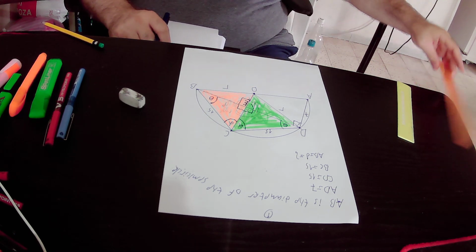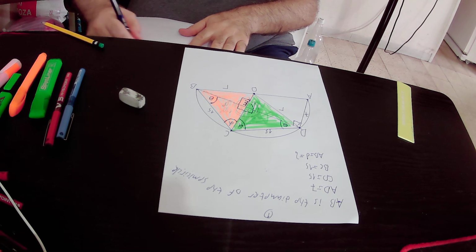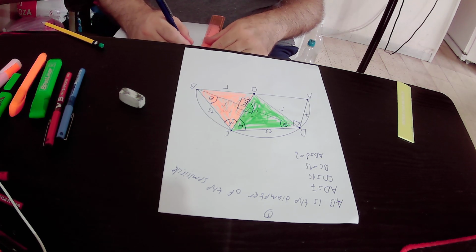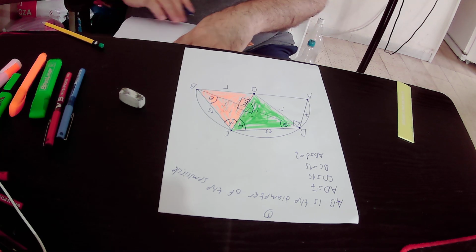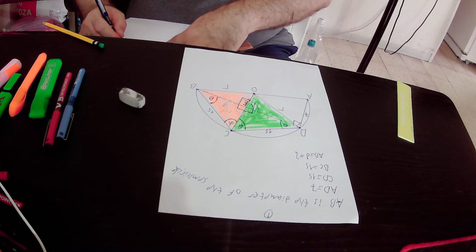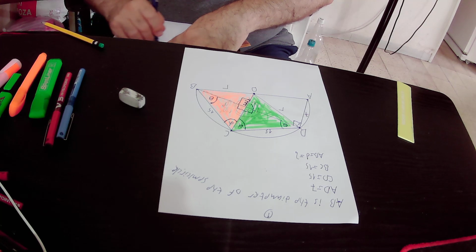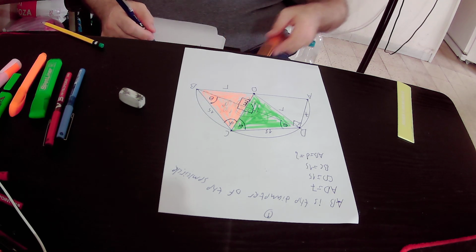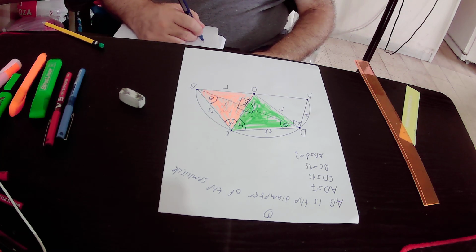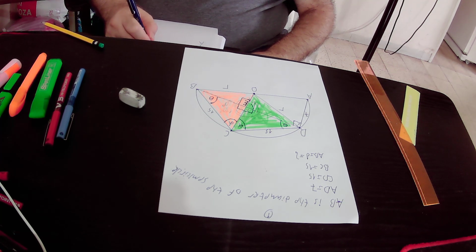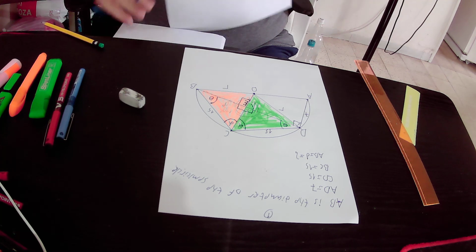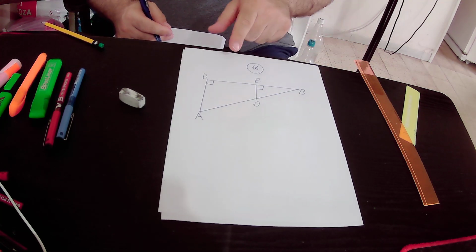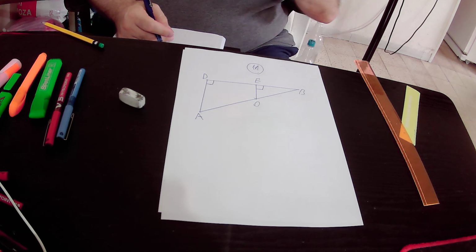Okay, so I will draw again those two triangles. So I draw again the big triangle, triangle ADB, and the small triangle, triangle OEB.